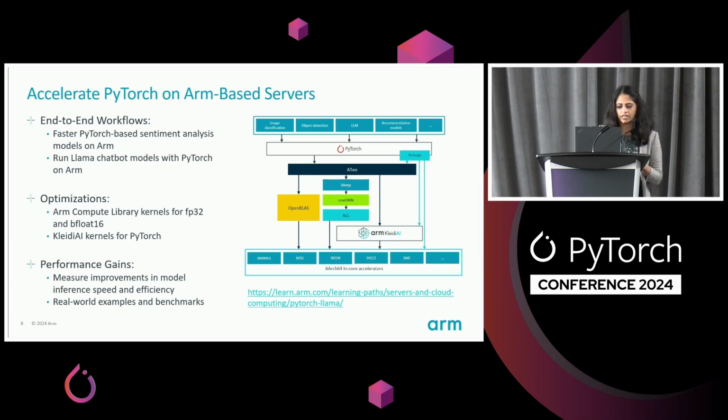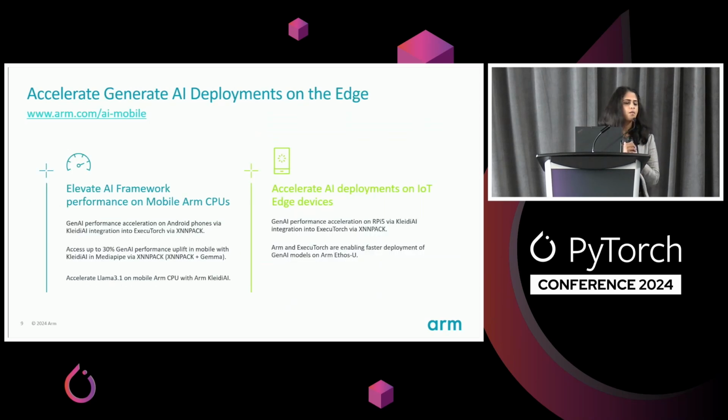We're also actively working on unlocking Gen AI on the edge. So on mobile devices, on your Android smartphones, or even on IoT, Raspberry Pi 5s, and all the way down to microcontrollers and micro NPUs. So think about some of the common use cases on your smartphone.